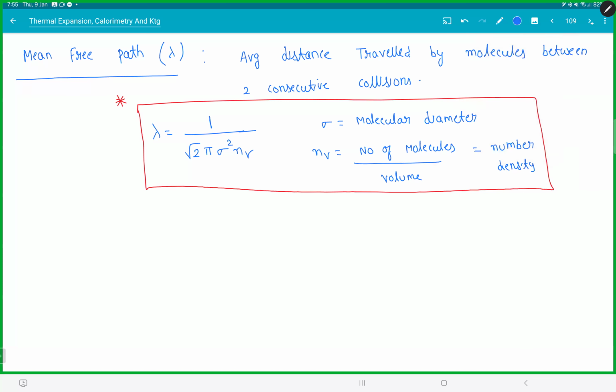Now, if you have mean free path, you can find time also. So we define something called relaxation time. Symbol is tau. This is the average time interval between two collisions.